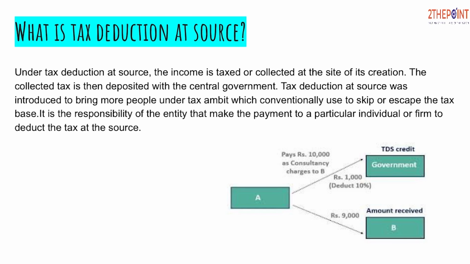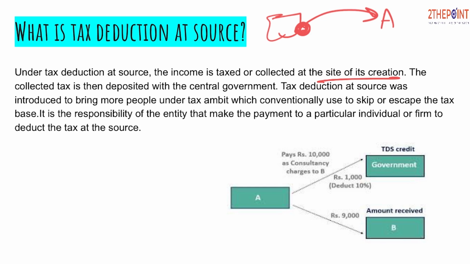Under tax deduction at source, the income is taxed or collected at the site of its creation. For example, if I have a firm that is availing services from an architect, the site of creation of income is my firm, which will release the payment to the architect once the services have been received.